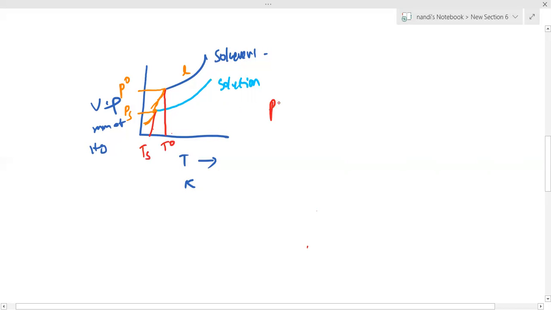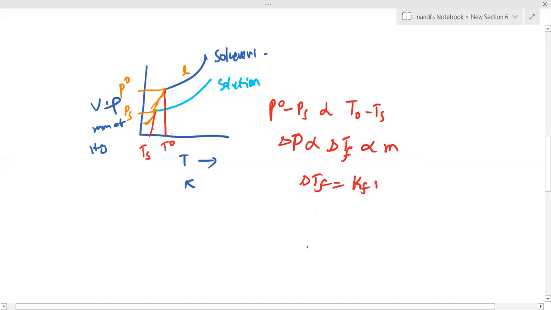So P naught minus PS is directly proportional to T naught minus Ts, because T naught is greater than Ts. So delta P is directly proportional to delta T, which is directly proportional to molality. Here it is the freezing point, that's why I take Tf. So delta Tf equals Kf into m.